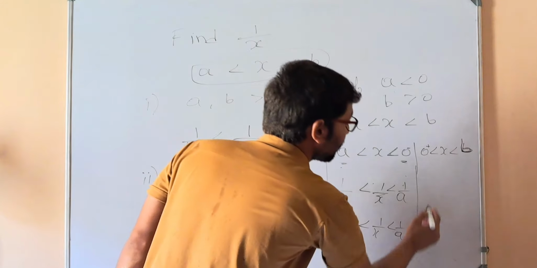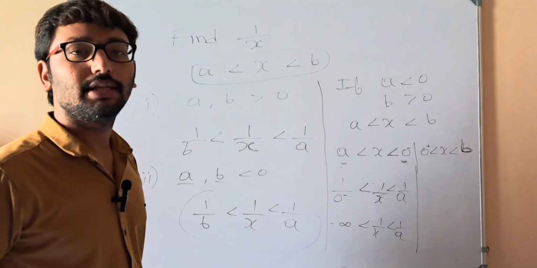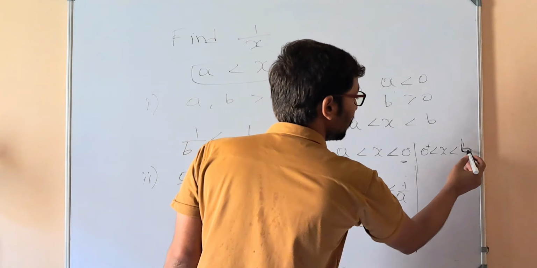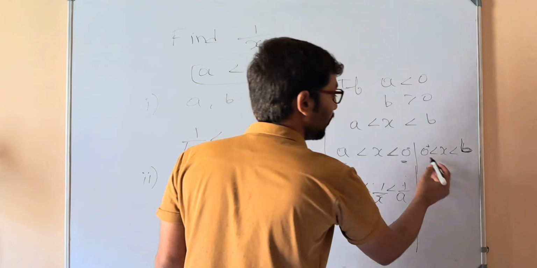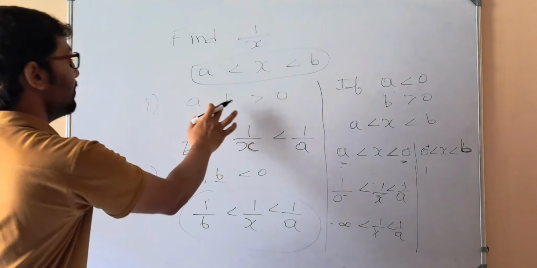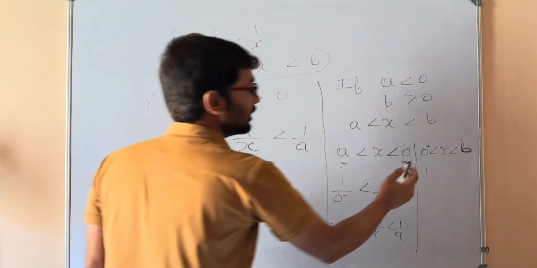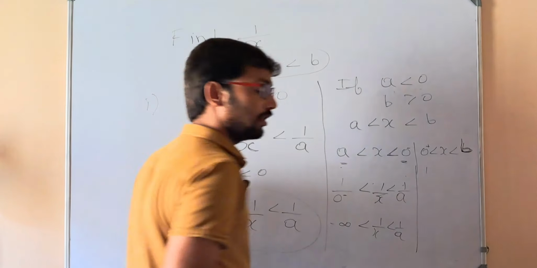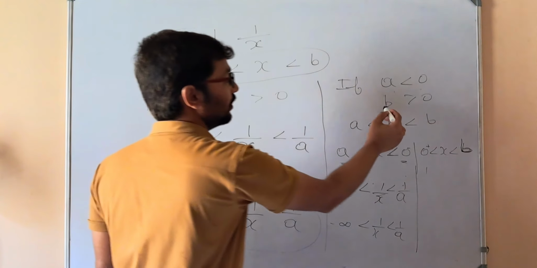Now what about 0 less than x less than b? If I take the reciprocal, here both are positive, b is greater than 0.